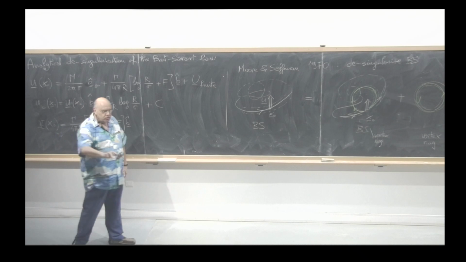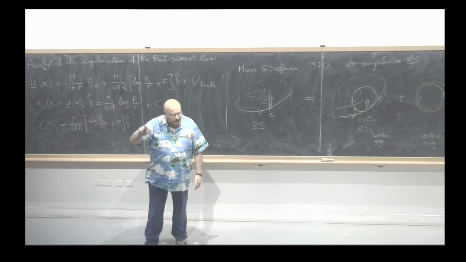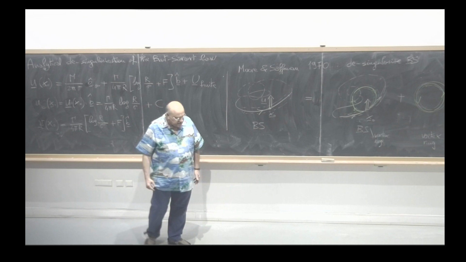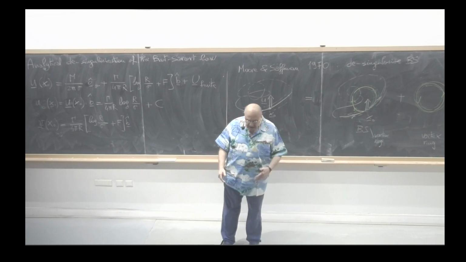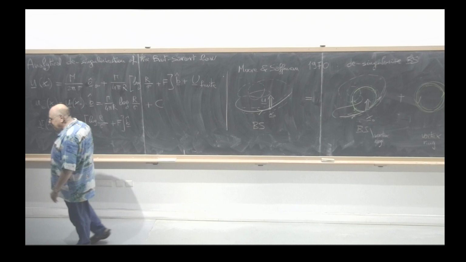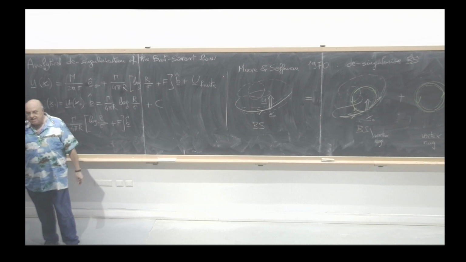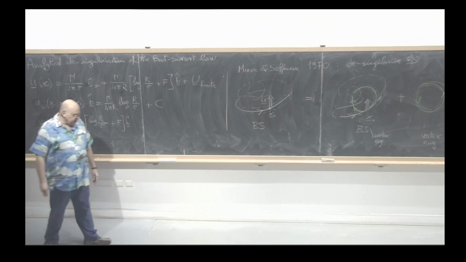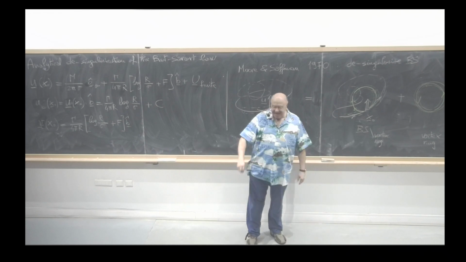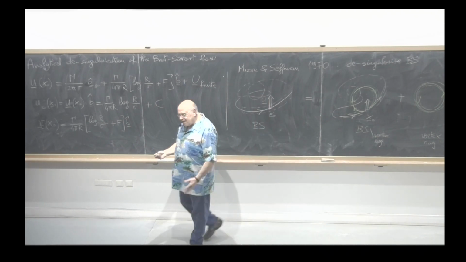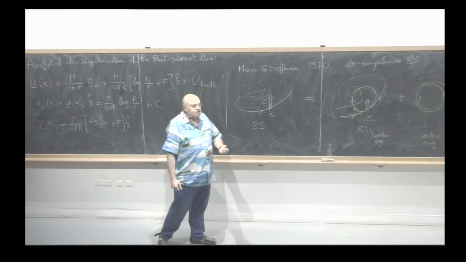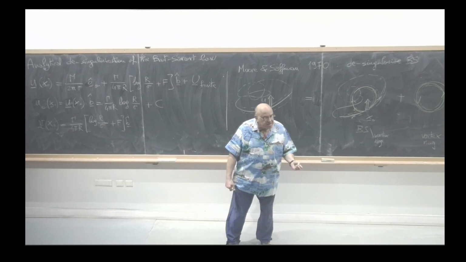You go to a gas of bosons at very, very low temperature, so it's a rarefied gas, but at that temperature the bosons can share the same energy level, and you can come up with an approximation which is well known as a mean field approximation.